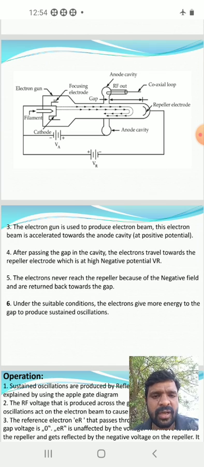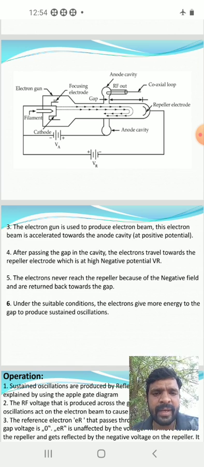These electrons are traveling through the vacuum tube in the forward direction towards the anode cavity, that is positive potential.